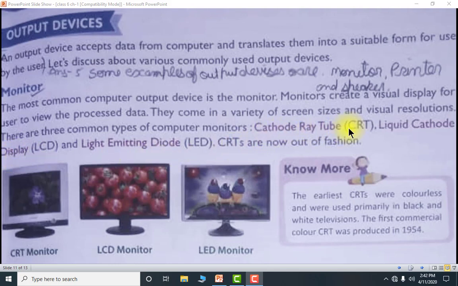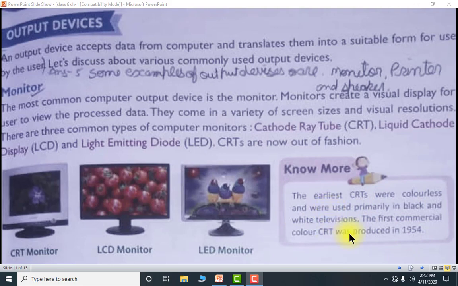Now, extra information: the earliest CRTs were colorless and were used primarily in black and white televisions. The first commercial color CRT was produced in 1954. Before that we had black and white TVs.